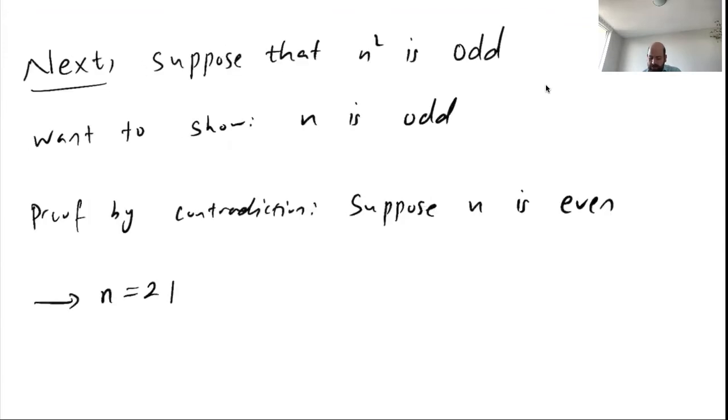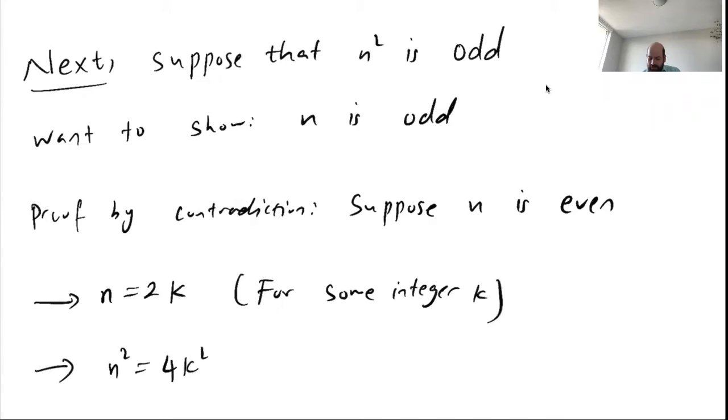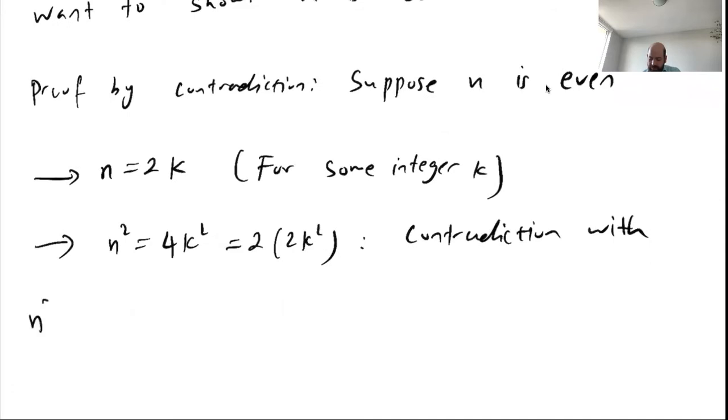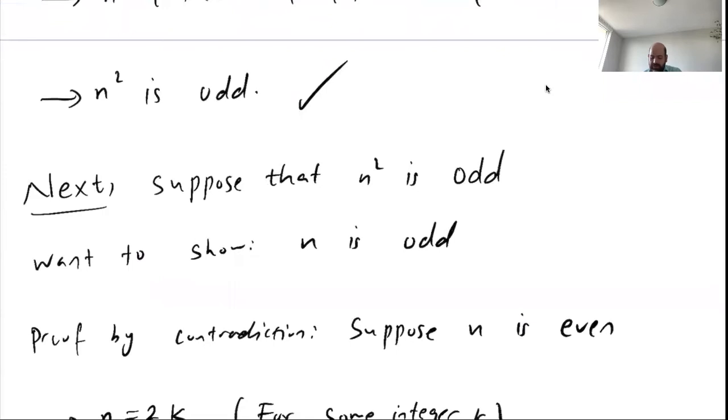Then n is equal to 2k for some integer k. And therefore n squared is equal to 4k squared, which is 2 times 2k squared. And this is a contradiction with n squared being odd.